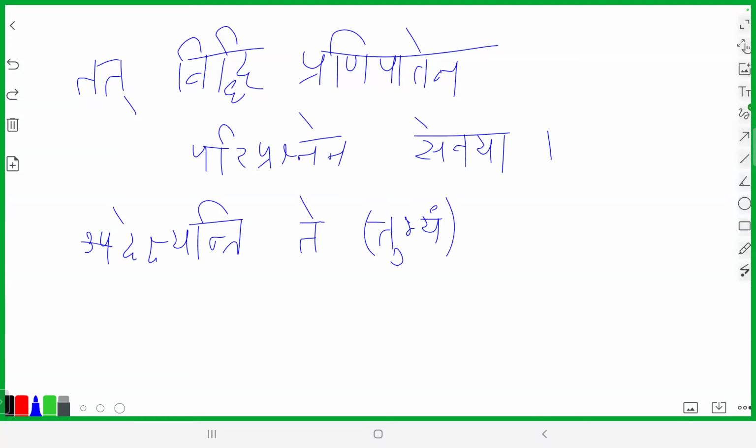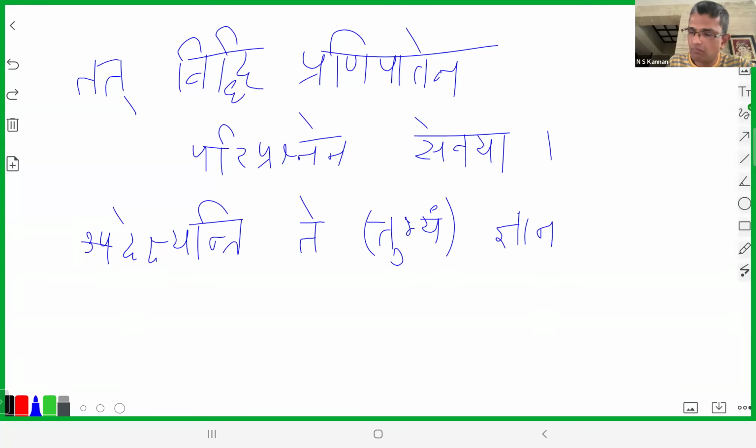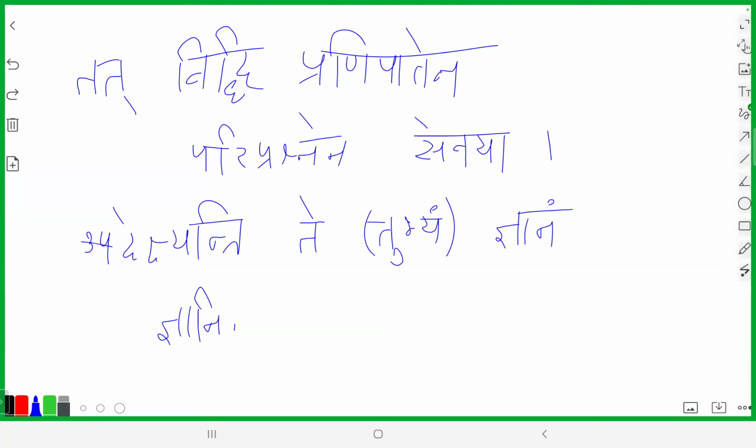Te is the short form of Tubhyam. Tubhyam, Jnanam, Jnaninaha. And those who know the Tattva, Tattvadarshinaha. Tattva as in the principle of things, they know. So, those jnanis who are Tattvadarshis, how do you get knowledge from them?